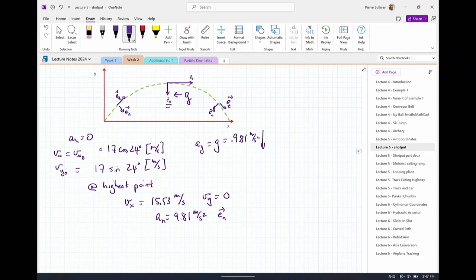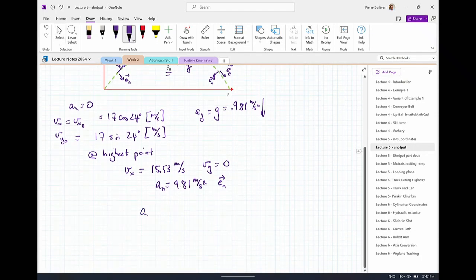And so if there's no tangential component, nothing is happening in that direction for the acceleration. There is a tangential component of velocity. So a sub n is equal to v squared over rho, which yields rho equal to v squared over a sub n.